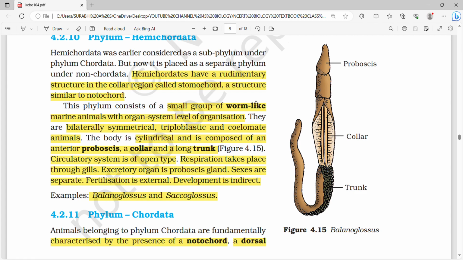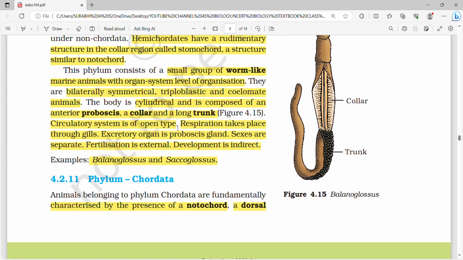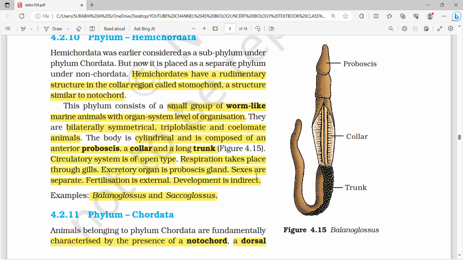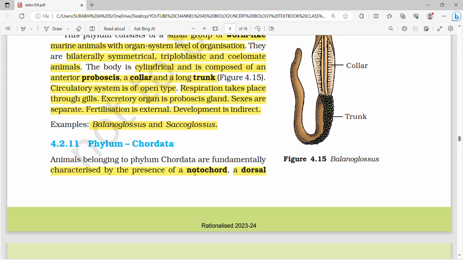They are bilaterally symmetrical, triploblastic, coelomate animals, and the body is cylindrical and composed of an anterior proboscis, collar, and the last one is trunk. Circulatory system is of open type and respiration takes place through gills. Excretory organ is the proboscis gland. Sexes are separate, fertilization is external and development is indirect. Examples are Balanoglossus and Saccoglossus.